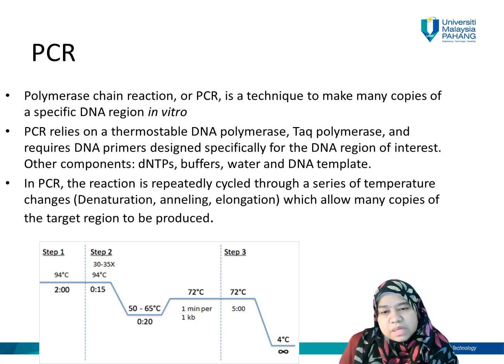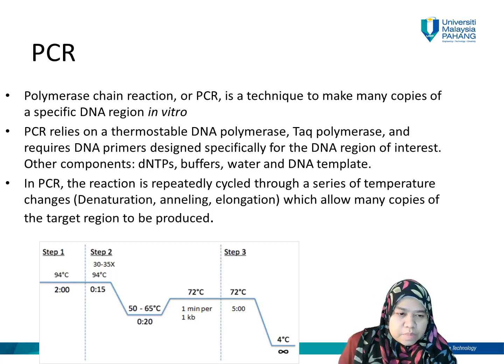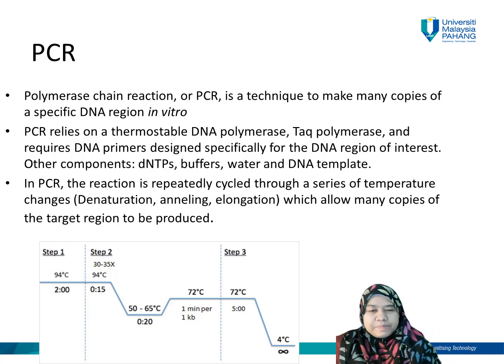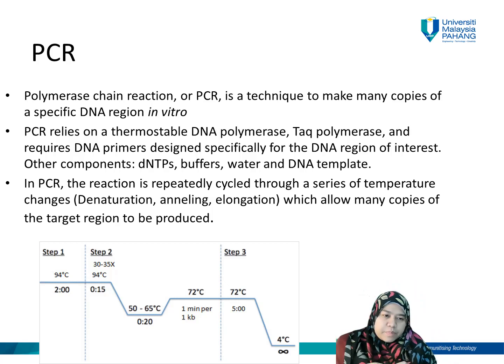So step three is the final elongation period, where the unfinished copied DNA will be completed. Depending on the size of your expected PCR product, the longer the PCR product is, the longer the elongation should be.